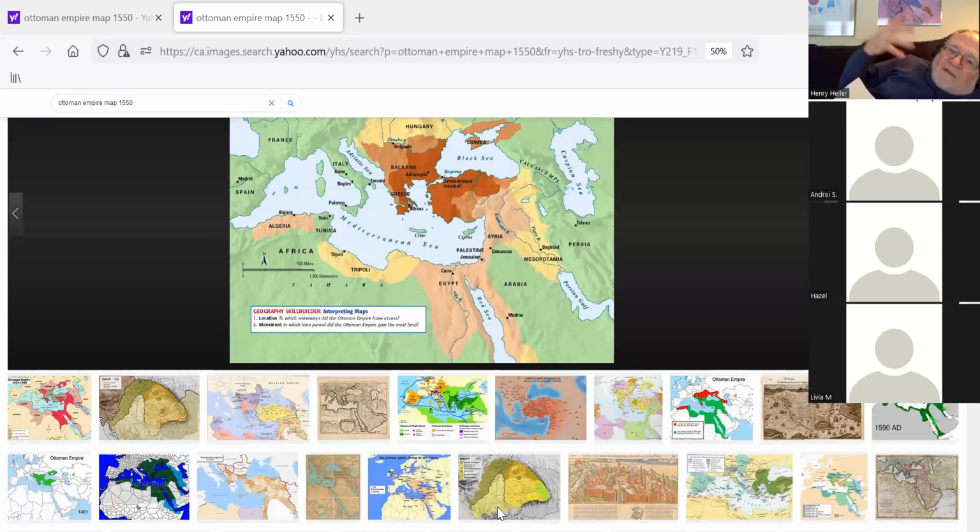You get it? He consolidates the state using a centralized bureaucracy. He can now strengthen his power as Sultan. So the creation of a centralized bureaucracy is essential to a state.